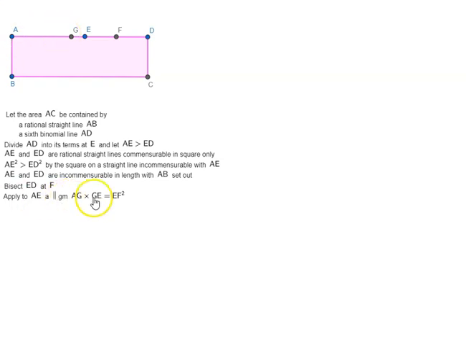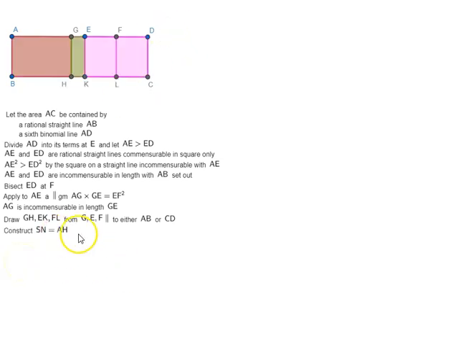Okay, so what this means based on proposition 18 of book 10 is that AG is incommensurable in length with GE, and now we draw GH, EK, FL from G, E, F parallel to either AB or CD. So basically we draw lines from G, E and F parallel to AB or CD.